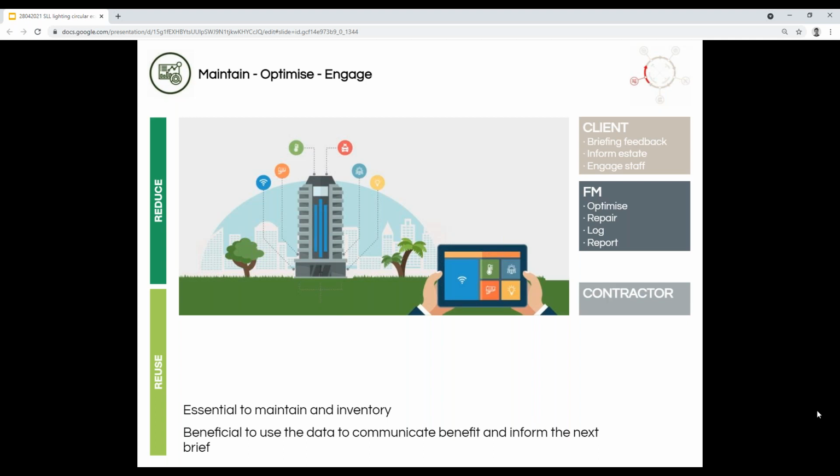And there's also the really key point that operators need an inventory. To be able to recycle, reuse stuff, they need to know what stuff they have. And lighting can really help in this way because they're essentially electronic products. They can tell you where they are and therefore how many you have, which should help in this story going forward. Next slide, please.